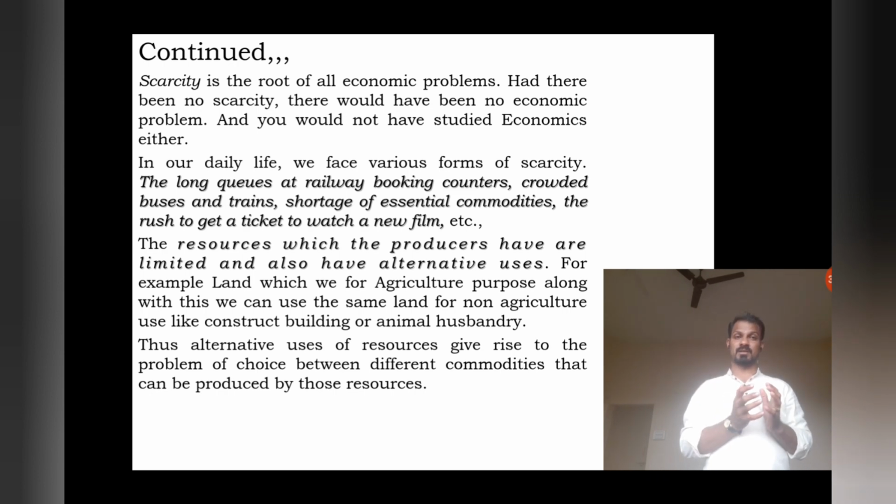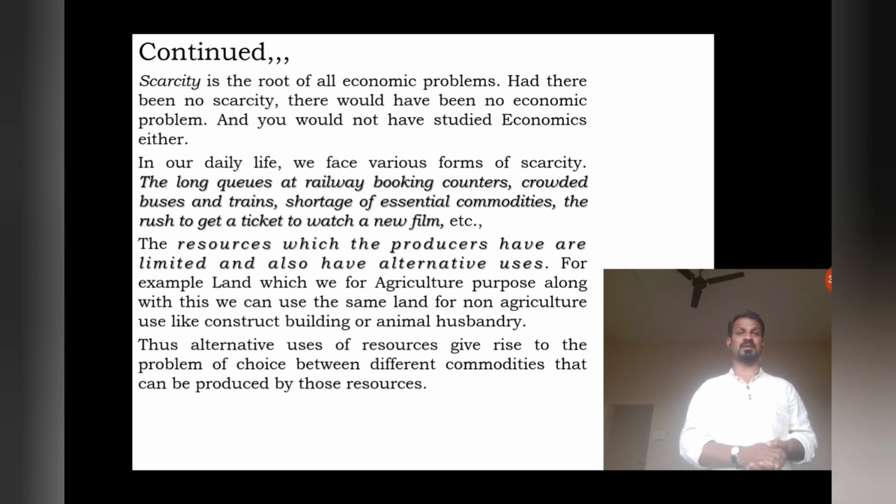Whatever resources we have now are less compared to our unlimited wants. Since we have fewer resources, we get scarcity. Means if we compare those resources with our wants, what happens?